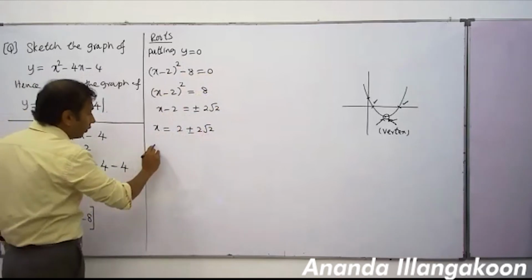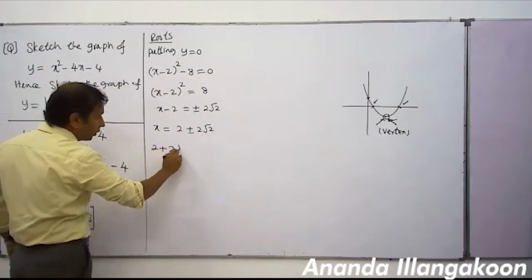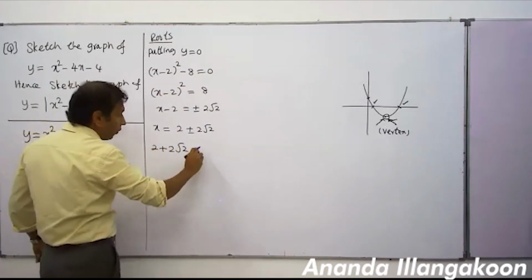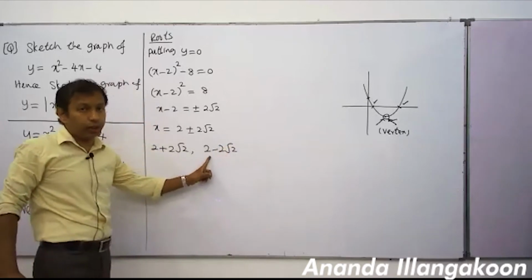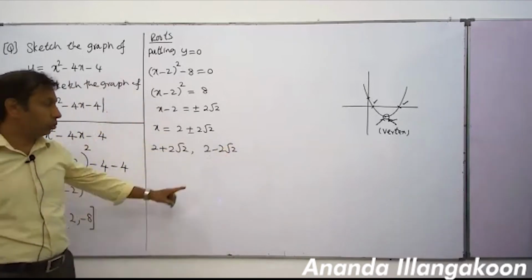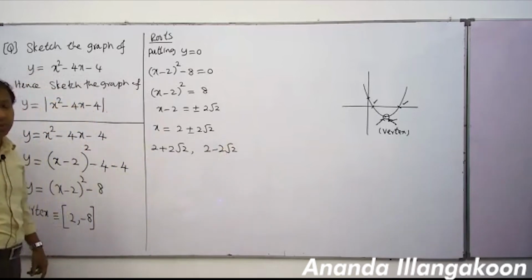Then the two roots come like this. Taking plus sign, 2 plus 2 root 2, 2 minus 2 root 2. This 2 minus 2 root 2 figure is negative, huh? Because 2 root 2 is more than 2. Now the other value is this one.